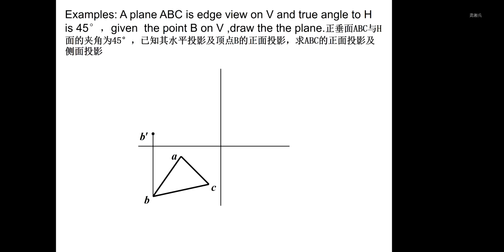Given the point B on the V, draw the plane. First, plane ABC is a spatial plane called what? Called H view on, which means what? Means ABC is a plane perpendicular to the V.